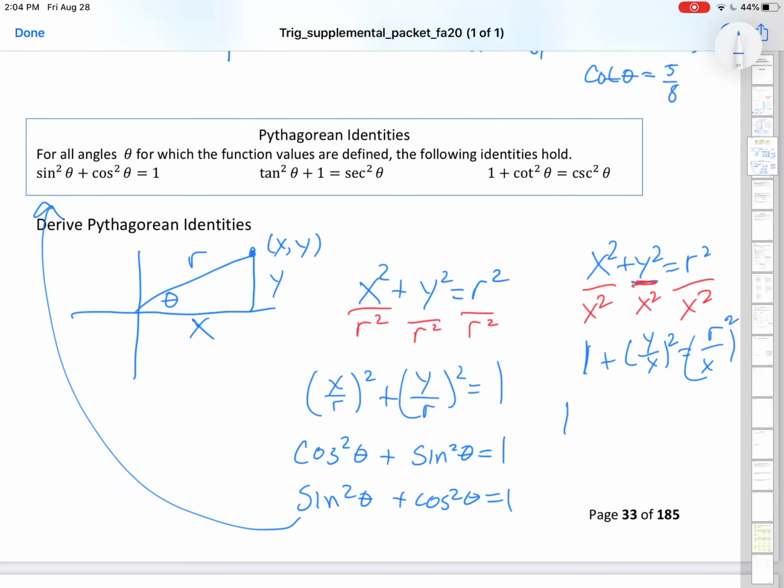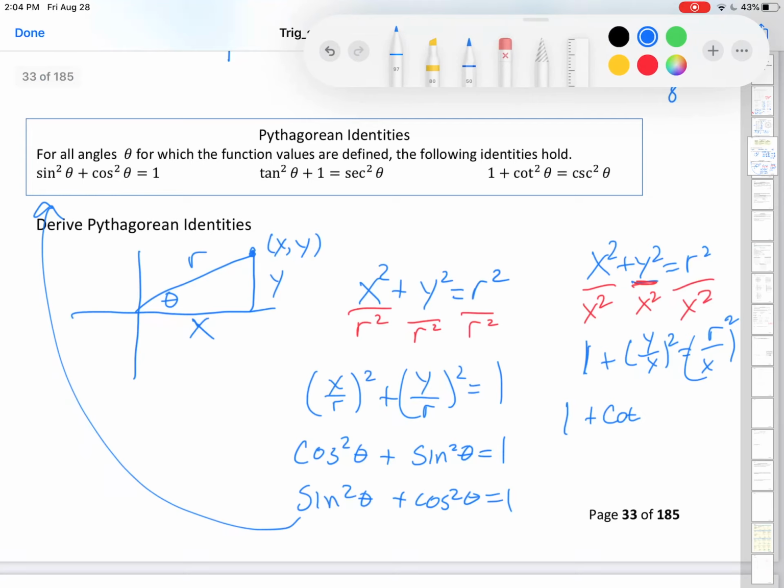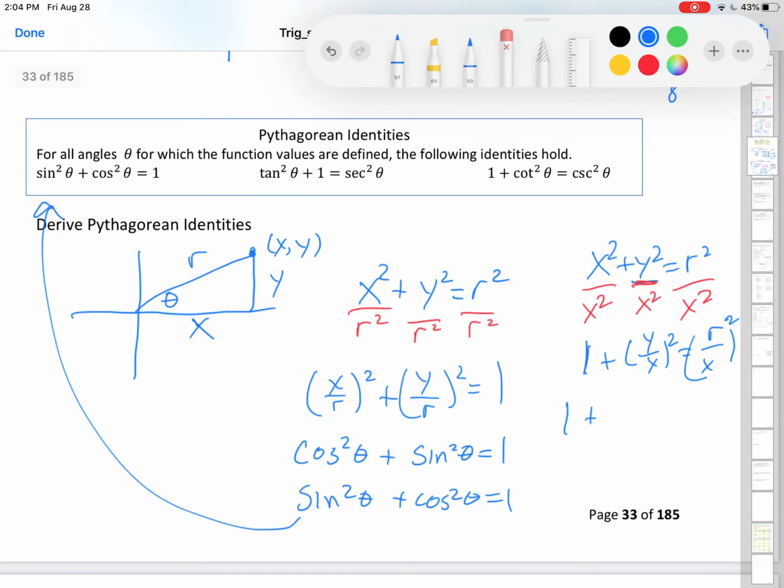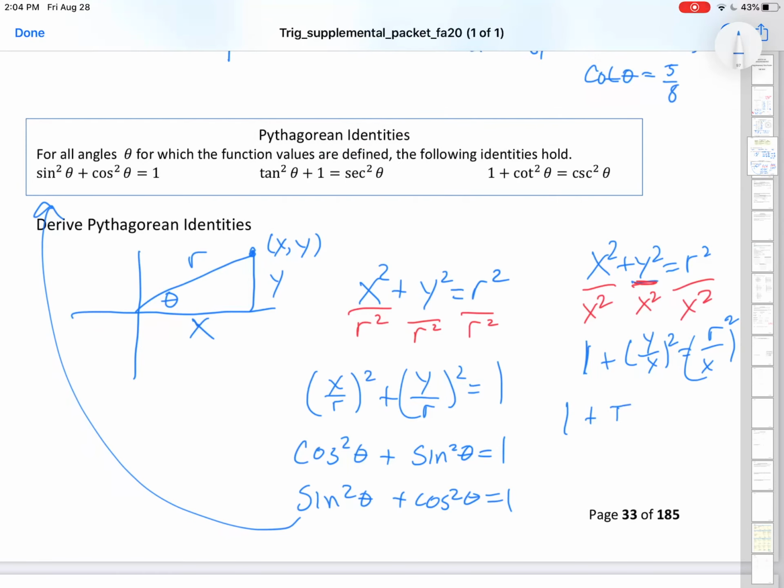So what is y over x? y over x is tangent, so this is tangent squared theta. r over x, well, that's the flip of cosine. So this is secant squared theta, and you have that second relationship right there.